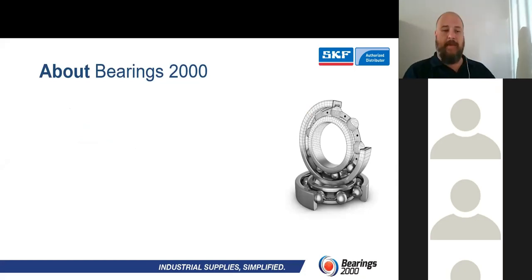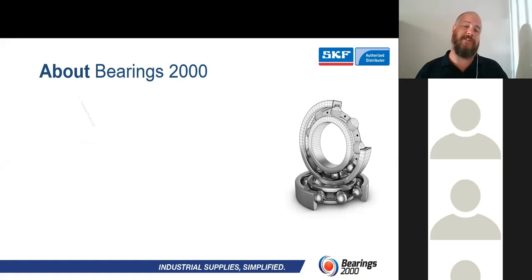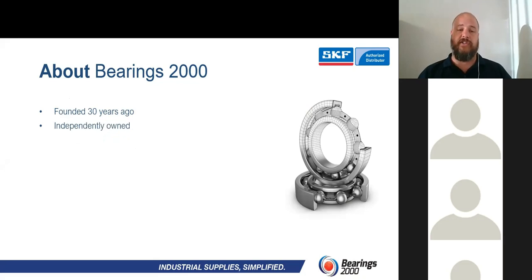Okay, so just a little bit about Bearings 2000, guys. I don't know how many of you are very familiar with Bearings 2000 as a company. If you do not know us, welcome. If you do know us, thanks for joining once again. So Bearings 2000 was founded 30 years ago. We've been going strong, so it's not just an overnight one.